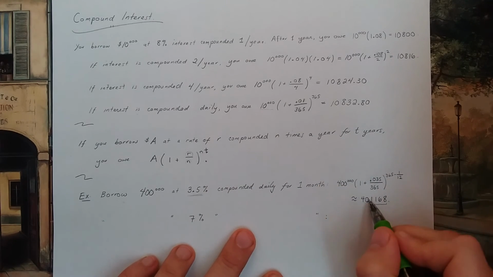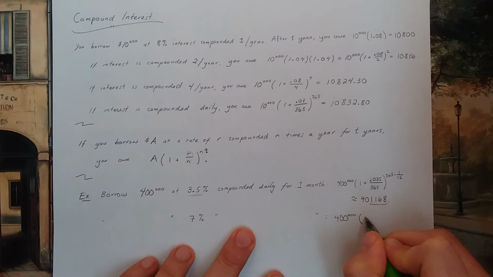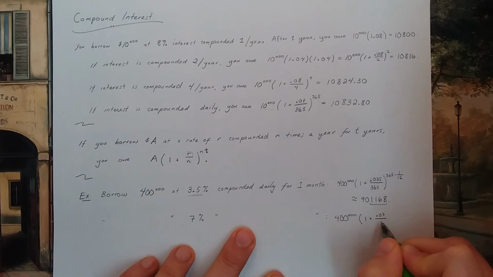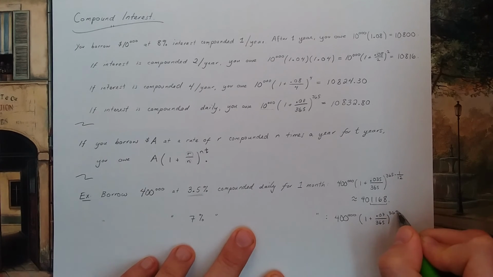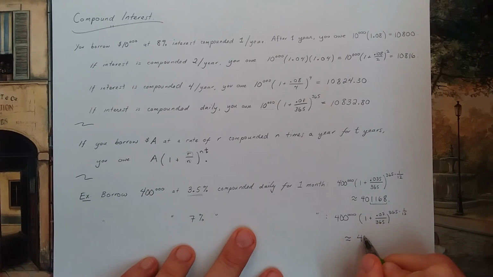Will I double the amount of interest I have to pay? Well, let's see. So $400,000 times 1 plus 0.07 over 365, to the 365 times 1/12 power. If you do this, you get approximately $402,340.